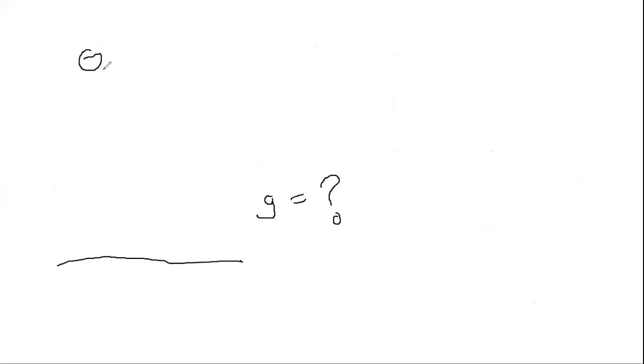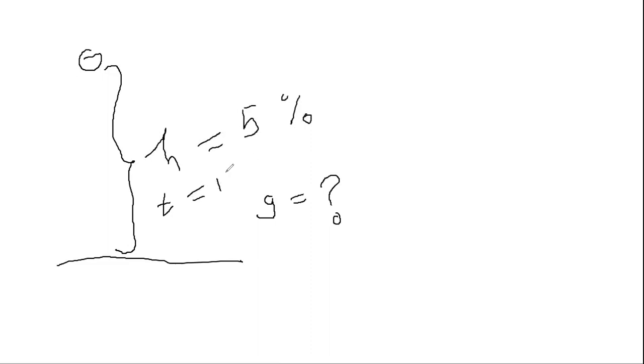So she did an experiment, dropped an object from a certain height h, and she measured the time. The h when she measured is found to be 5% uncertain. When she measured the time, it's found to be 10% uncertain. What is the percentage uncertainty in the measurement of gravity?